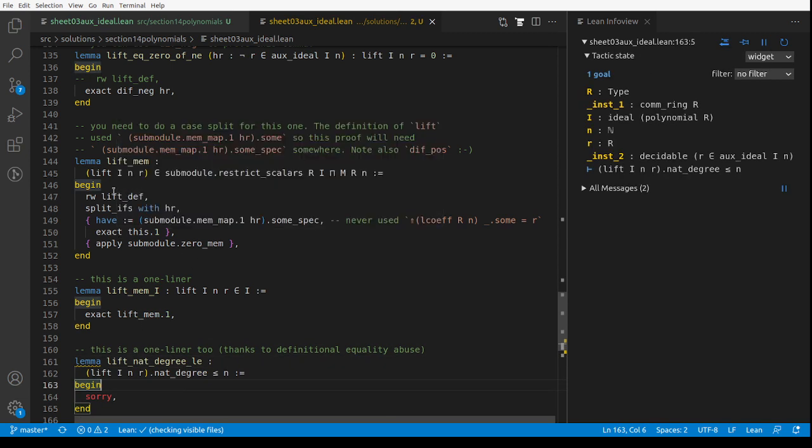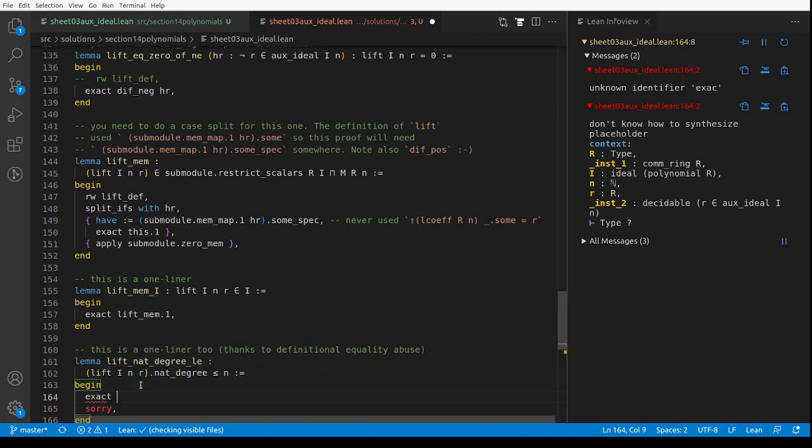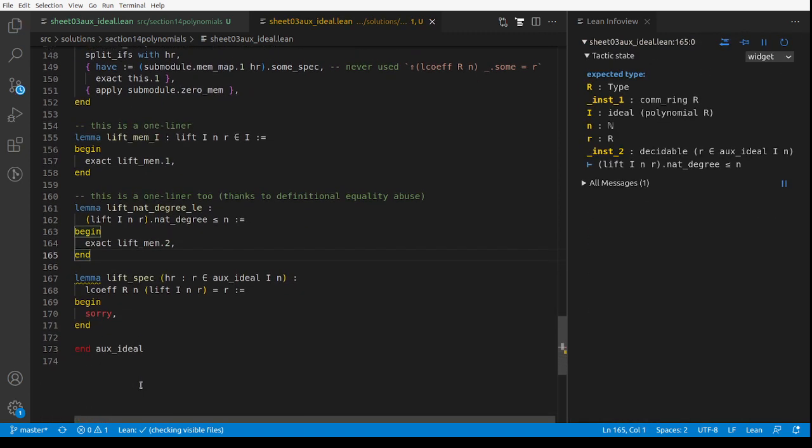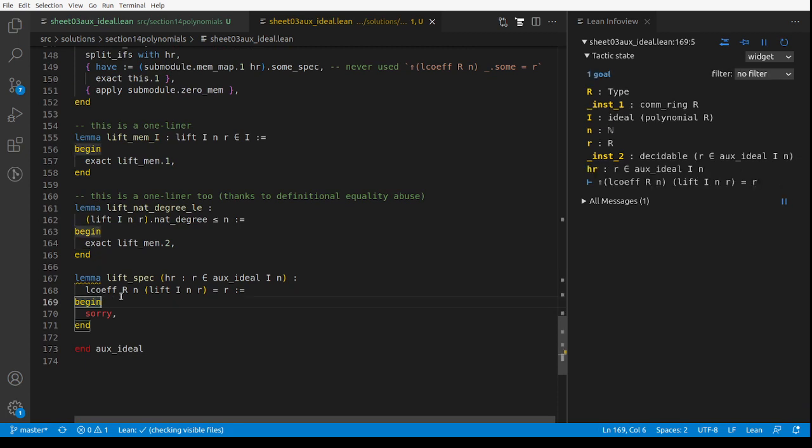Well, lift mem dot 2 will be the statement that the polynomial is in this submodule of polynomials of degree at most n. So that's by definition the nat degree is at most n. So this is going to be exact lift mem dot 2, I suspect. Yes. And now finally lift spec. You see, this is the information we threw away.